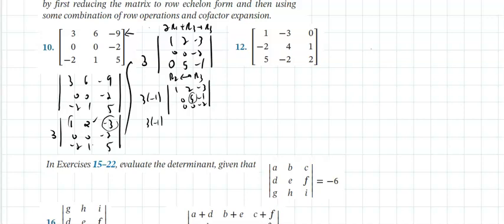So 3, -1. I'll take a 5 out. 1, 2, -3, 0, 1, -1/5, 0, 0, -2. Then I'll take a -2 out.